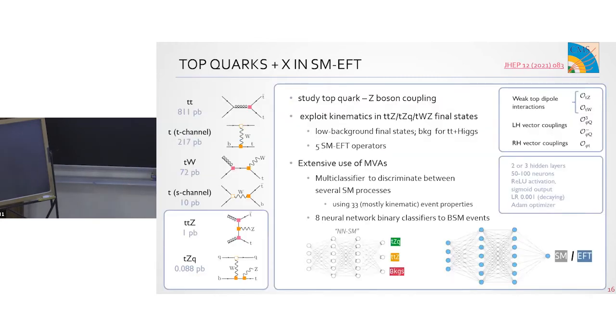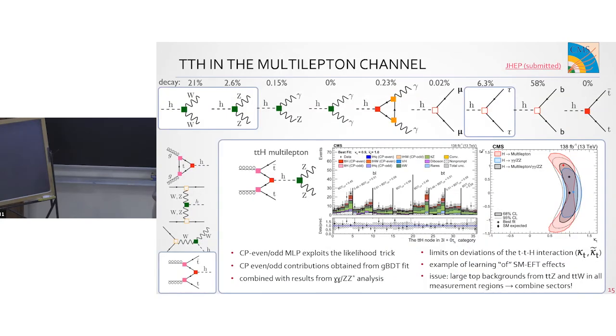You see, from a conceptual point of view, these things are simple. This is not very advanced usage of machine learning here, okay? We're trying our best. The issue here is there's a dominant top background here, TT plus a Z boson. Now, the standard model effective field theory effects really contribute everywhere.